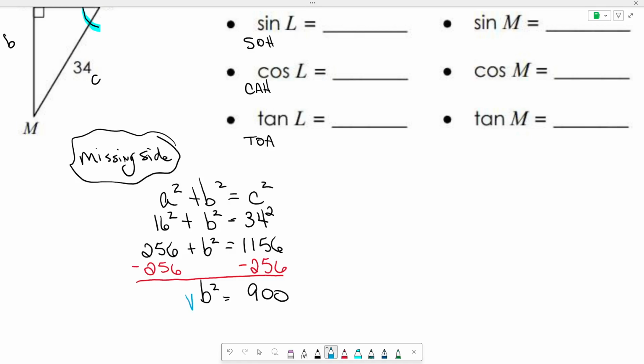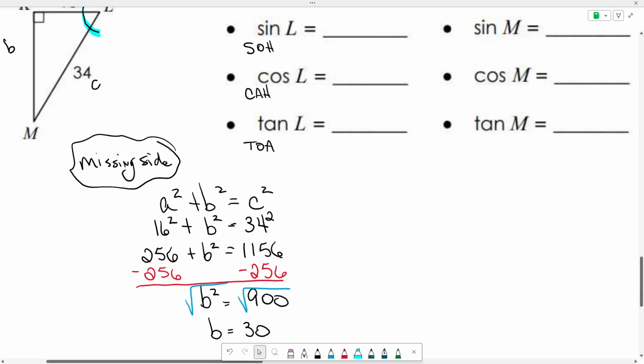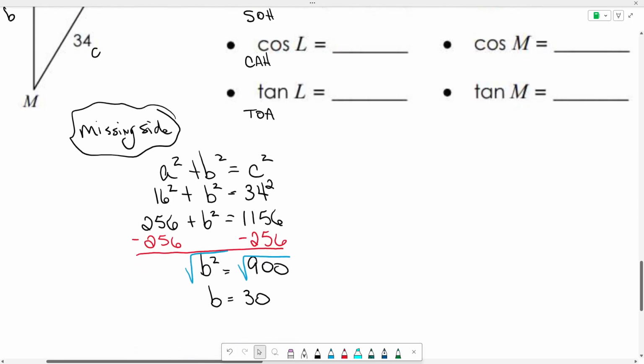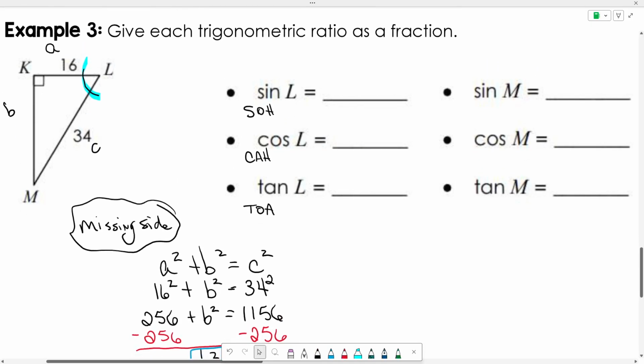I take the square root of both sides of the equation, and I find that b is 30. Now I can go back up here to my triangle and replace the missing side with 30. So this piece right here is 30.